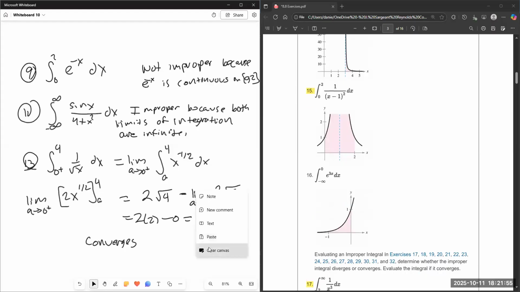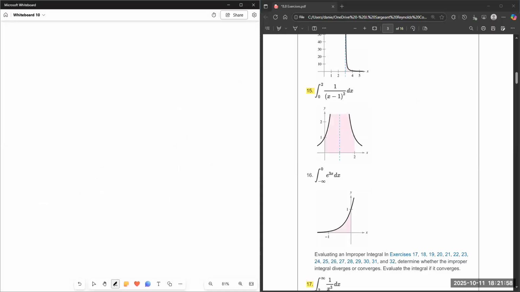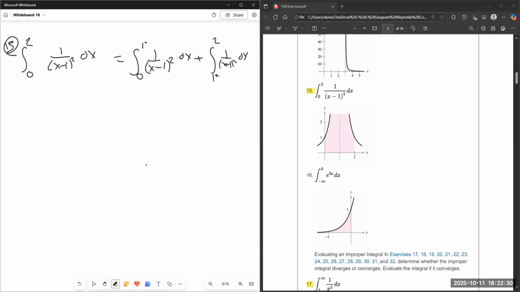Let's look at 15. Zero to 2, 1 over x minus 1 squared dx. And we're going to have to break this up. 0 to 1 from the left, 1 over x minus 1 squared dx plus 1 from the right to 2, 1 over x minus 1 squared dx.